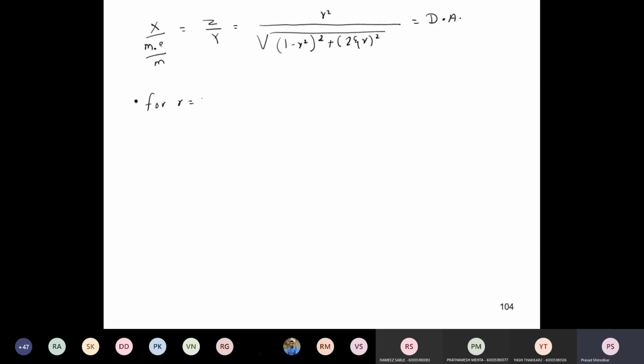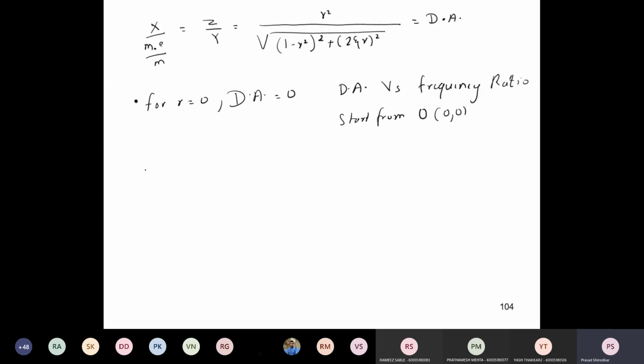So for r is equal to 0, dimensionless amplitude is also 0. If I plot the graph of dimensionless amplitude versus frequency ratio, all these curves will start from 0, that is the origin O, so it is (0, 0).